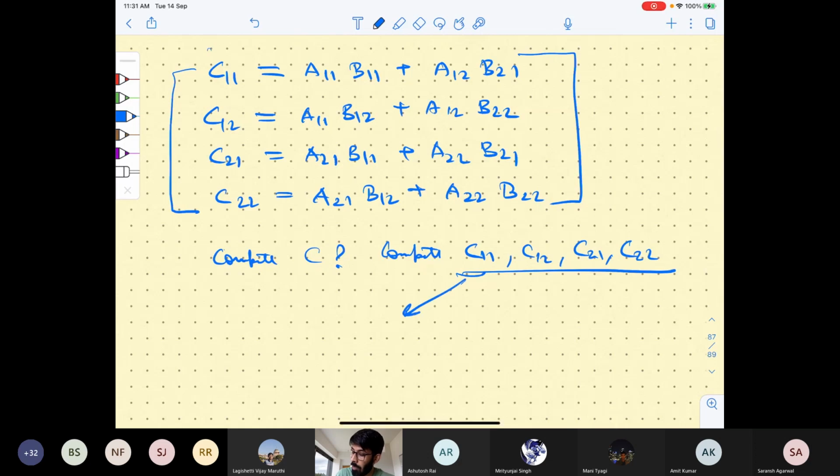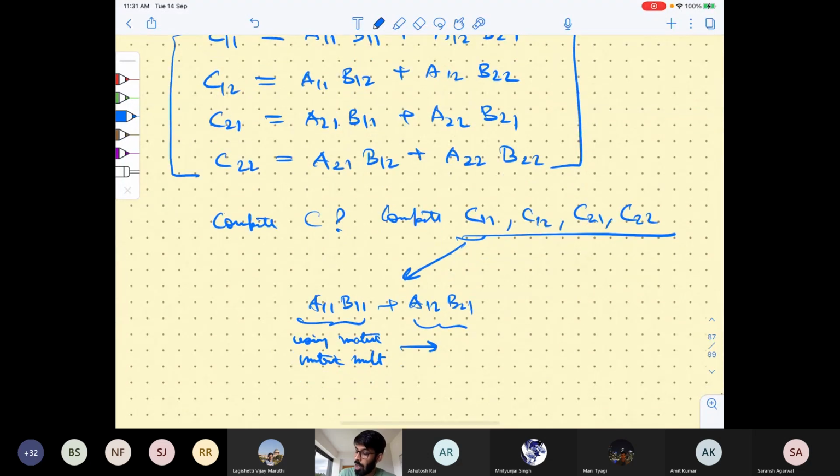You compute A11 B11 by using the same matrix multiplication algorithm, and then you also compute A12 B21 again, and then sum them up. So summing them up will take how much time?